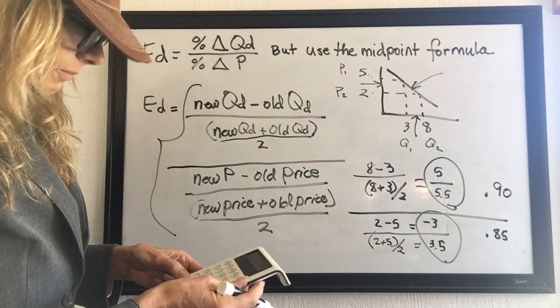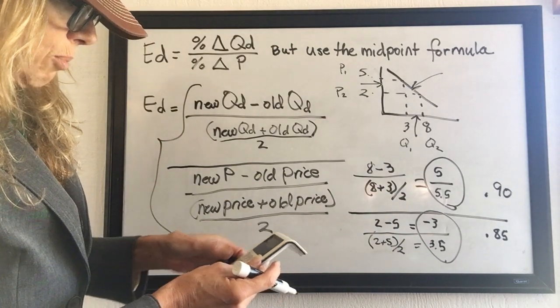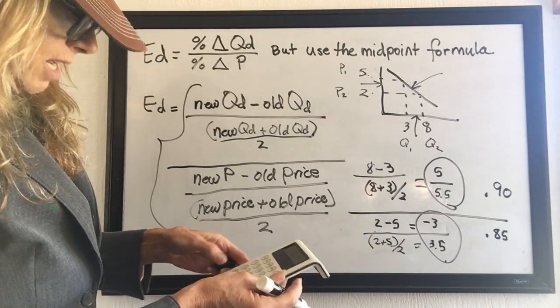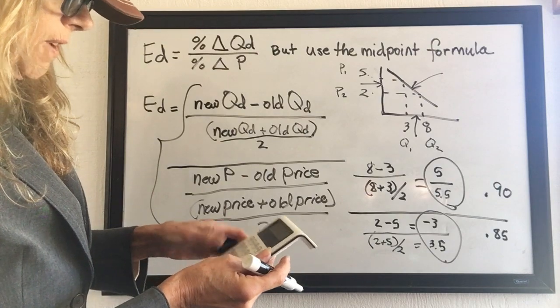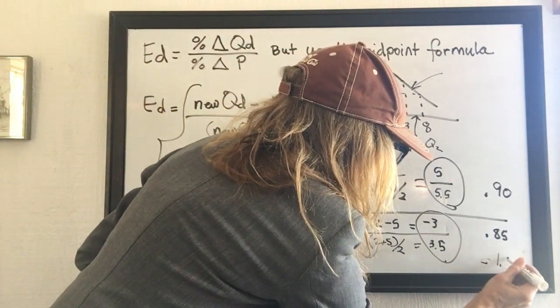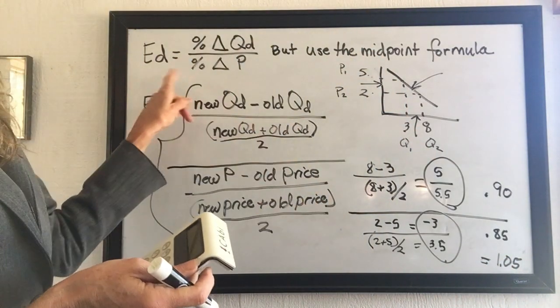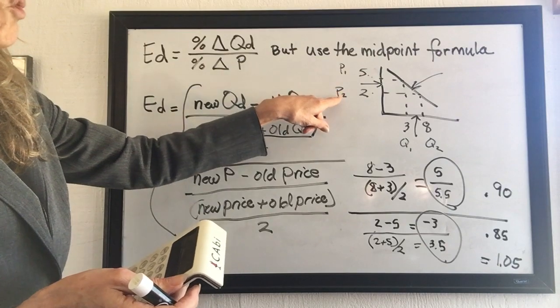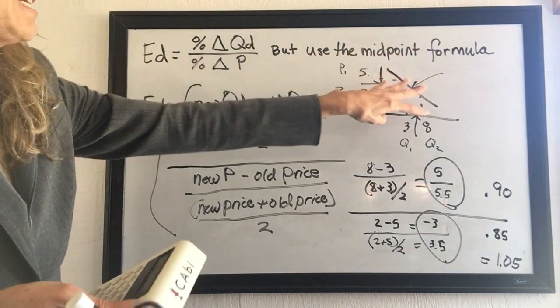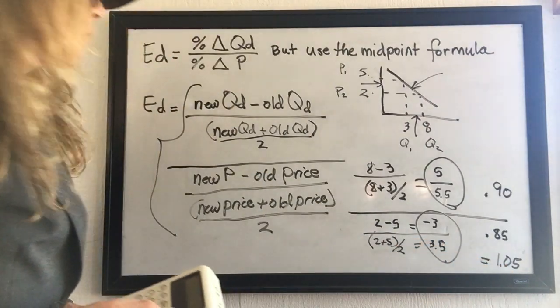Okay, now we can take these two numbers right here and say 0.9 divided by 0.85 equals 1.05. So the elasticity of demand between the prices of 5 and 2 for this particular product is 1.05.